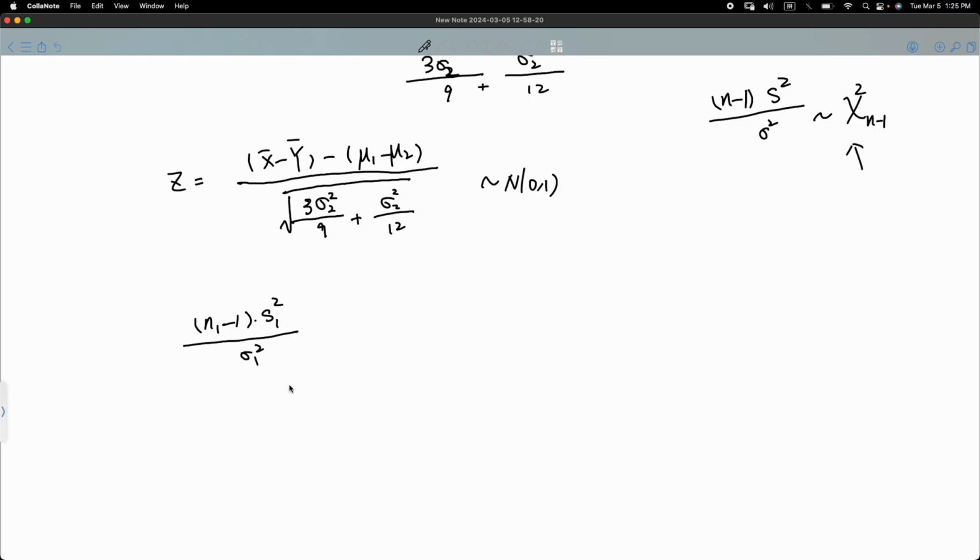If we directly use this chi-square in the denominator, we are not able to cancel out the sigma 2 squared. So this chi-square is not enough to construct the confidence interval that we intended. We need an additional copy, which is n2 minus 1 multiplied by s2 squared over sigma 2 squared, and this also follows a chi-square distribution with n2 minus 1 degrees of freedom.